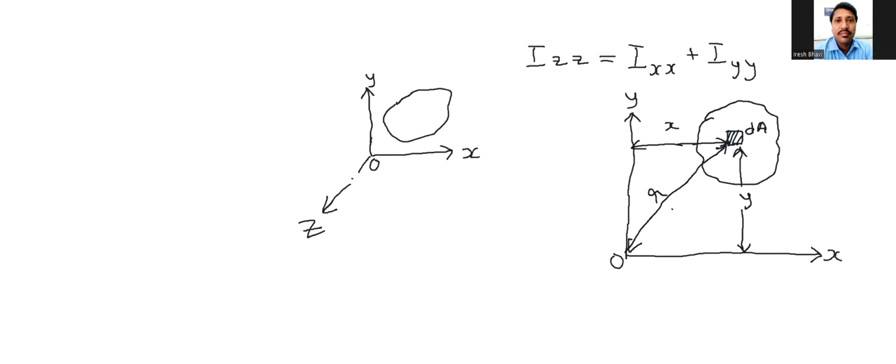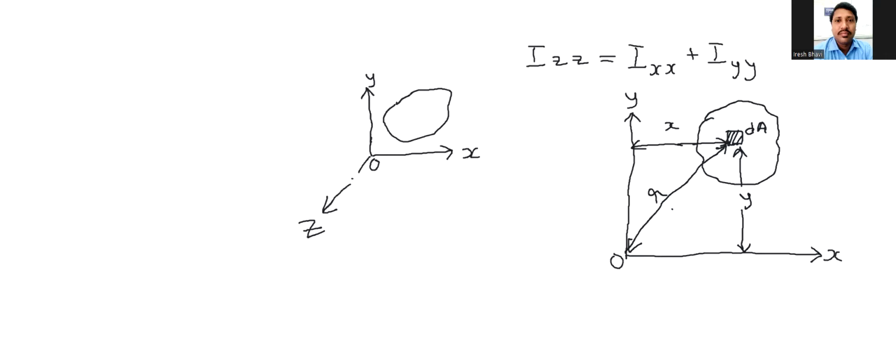That is, this dA is at a distance of y from the x-axis and x from the y-axis, and at a distance of r from the point O, that is, about the z-axis.